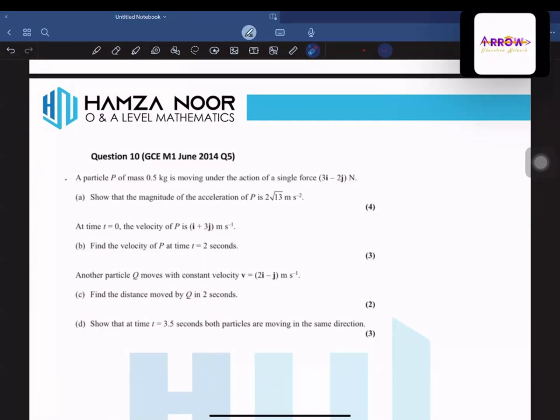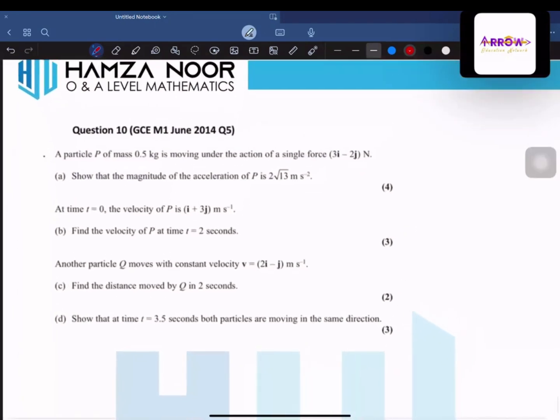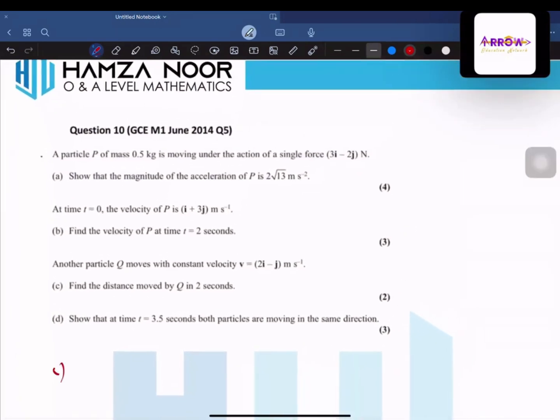As simple as that, particle Q is moving with constant velocity throughout the journey. We need to find the distance, so first I'm going to find the displacement vector, and after finding it, I'm just going to find the magnitude so that I would be able to get the distance.